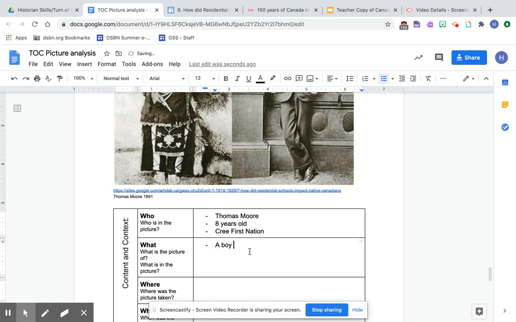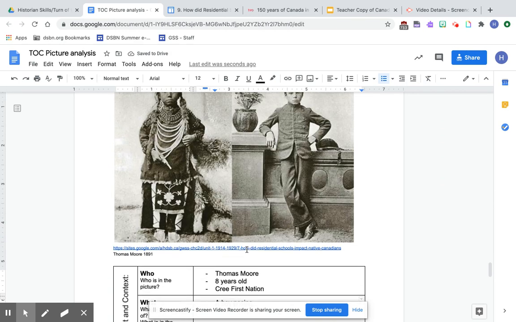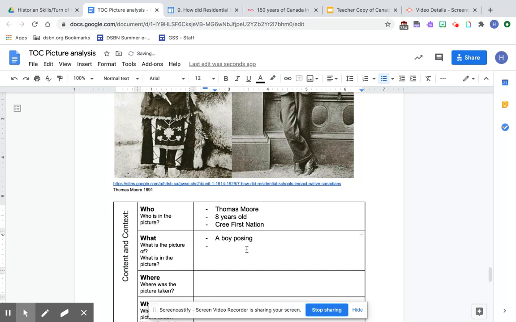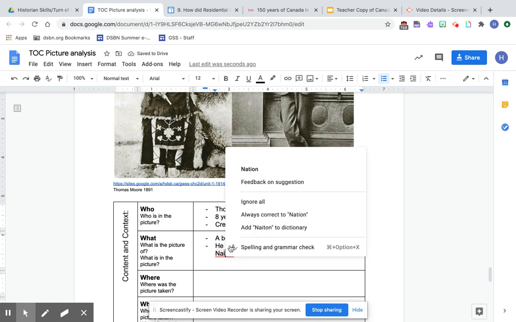What is this picture of? A boy posing. What is in this picture? Well, we see him dressed as he would be for the Cree Nation. So in his natural or native dress.